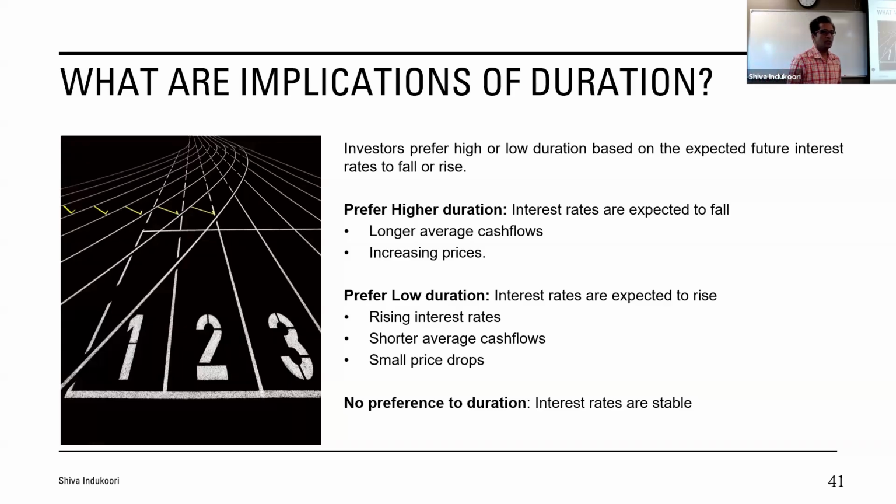Okay, now the question is, when do investors like high duration? 10 years is the bond tenure. Do you want it as 8 years or 9 years or 7 years? It all depends on the price changes. So when do investors prefer higher duration? They do that when they expect future interest rates will fall. They want more benefits in the future because rates are expected to come down.